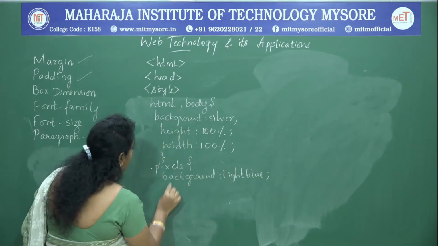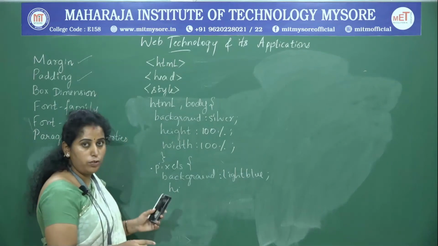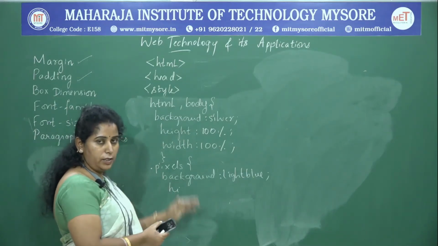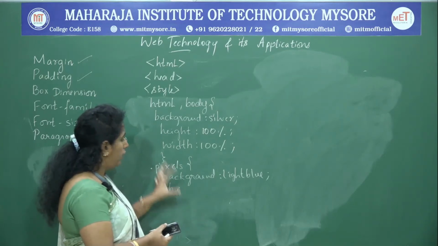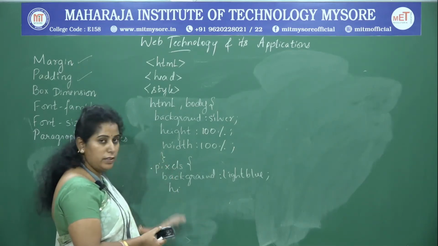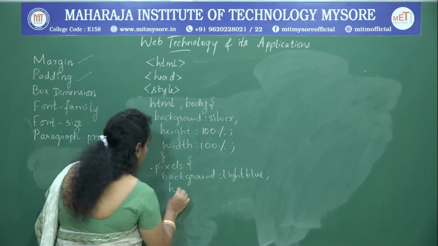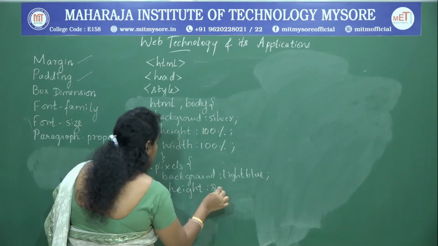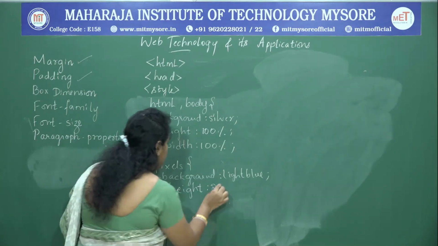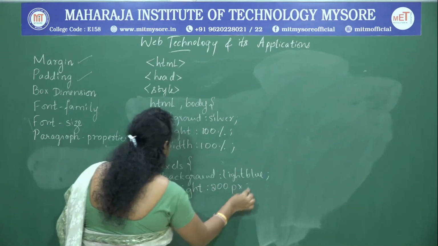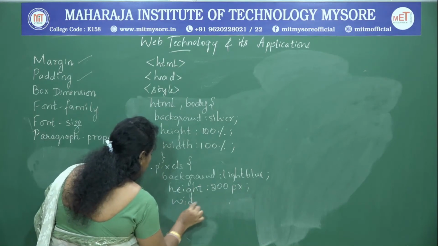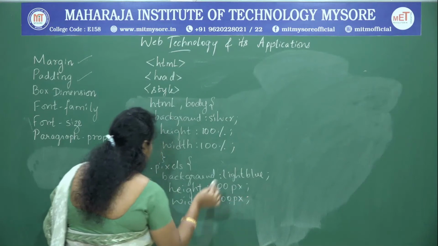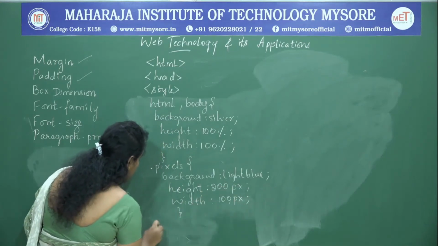I'm going to show how the text will be displayed by using pixels as well as percentage. Height is 200 pixel and width is 100 pixel. Then I will close this.